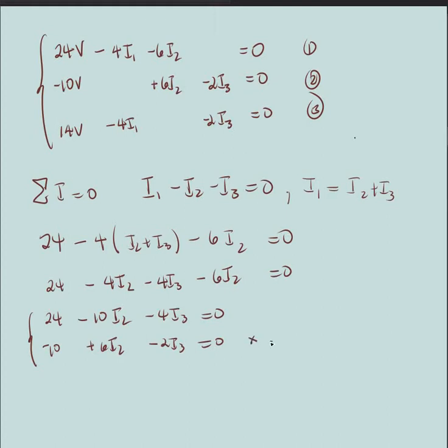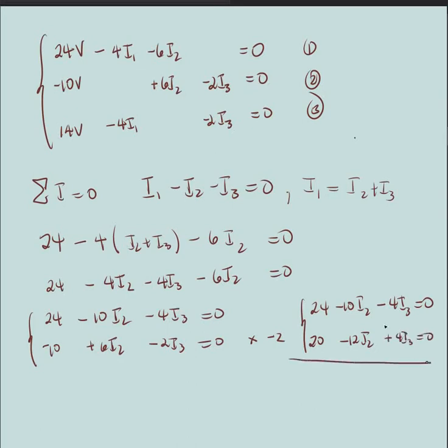We can multiply the second line by negative 2, and if we do that, we will get something like this. 24 minus 10I2 minus 4I3 is equal to 0, and negative 10. No, I'm sorry, it's not negative 10, it's negative 20, because we multiply by negative 2, so it's going to be positive 20. Sorry about that. It's positive 20. And negative 2 times 6 is going to be negative 12 I2, and negative 2 times negative 2 is going to be positive 4 I3 is equal to 0.